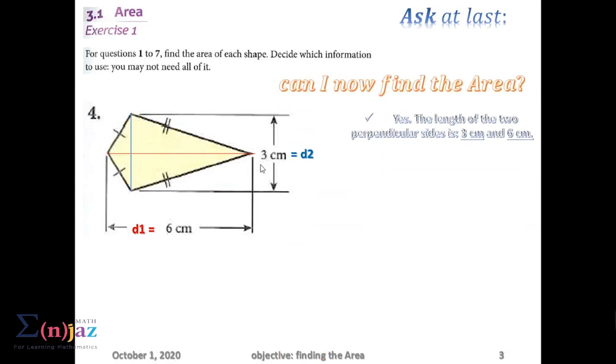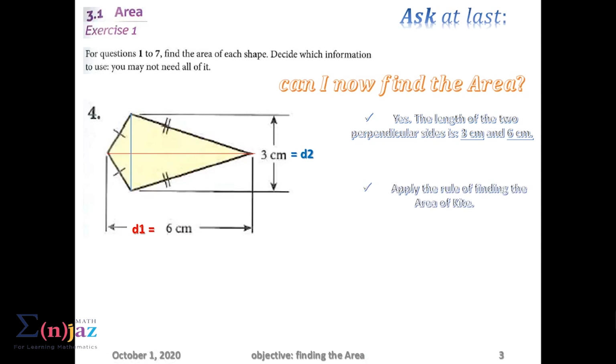Yes, you can, because you got the length of each diagonal in this shape, which means you just have to write the rule of finding the area of a kite and to substitute in it. What is the rule of finding the area of a kite? So you write it as following. The area of a kite is equal to half times the horizontal diagonal times the vertical diagonal.